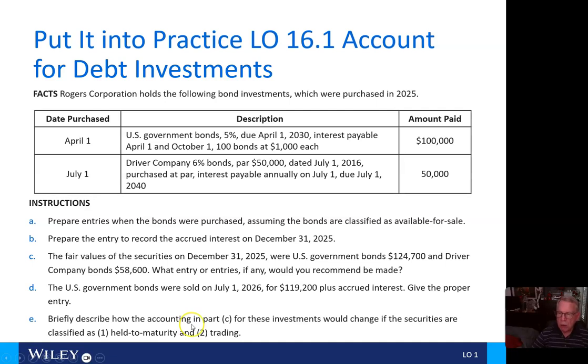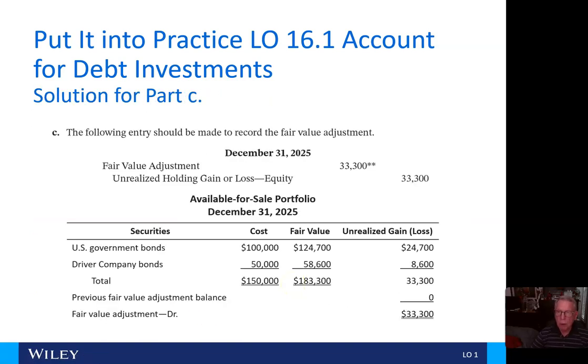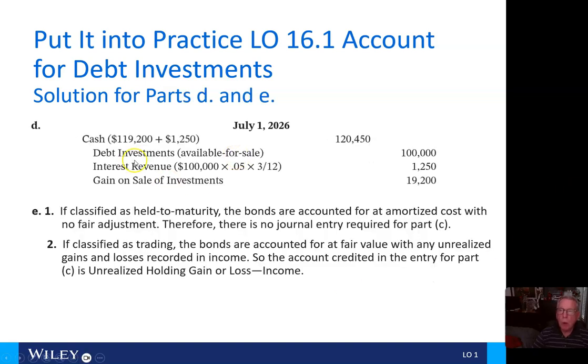Okay, now under Delta, the U.S. government bonds were sold on July 1, 2026 for $119,200 plus accrued interest. What would be the proper entry for that? Okay, so for Delta, we're going to take the cash here. We have some accrued interest of $1,250.